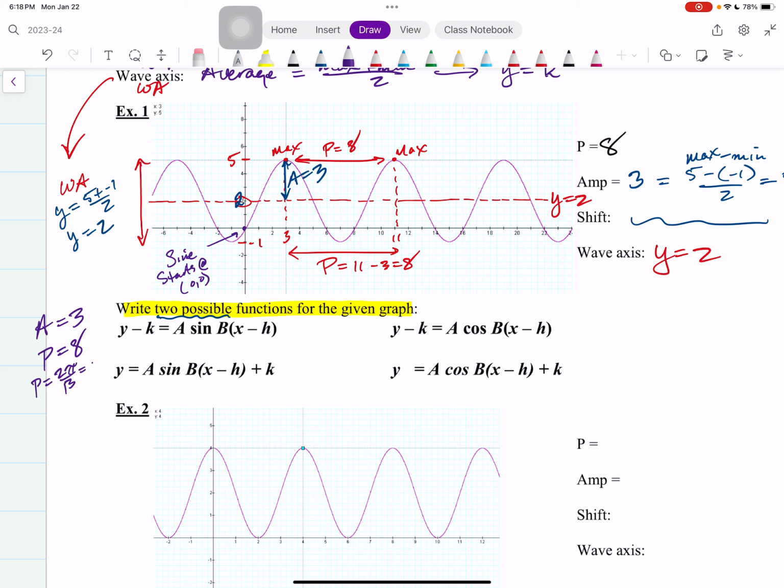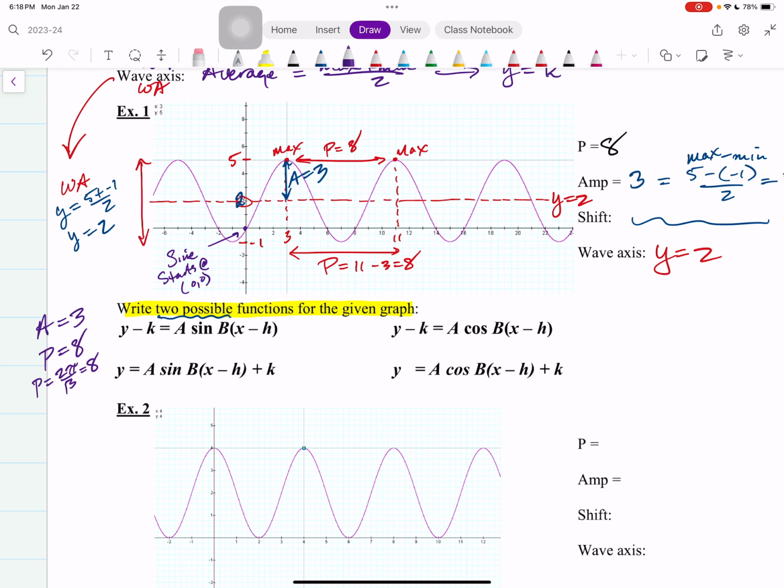And if the period is 8, that means, if you do your arithmetic here and switch b and p, that b is equal to 2 pi divided by the period. So in this case, it's 2 pi divided by 8. So the coefficient b has got to be pi fourths. Okay, so now I know b.